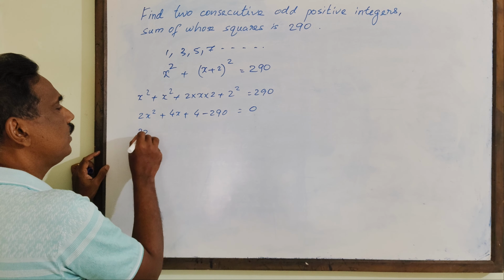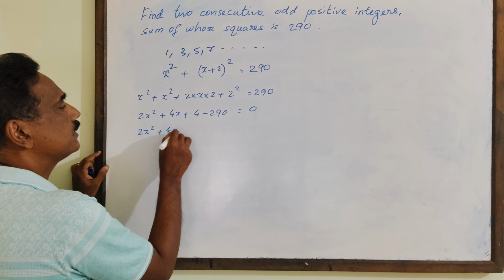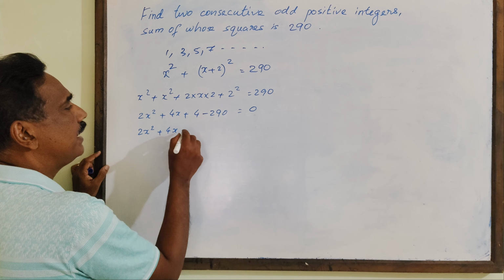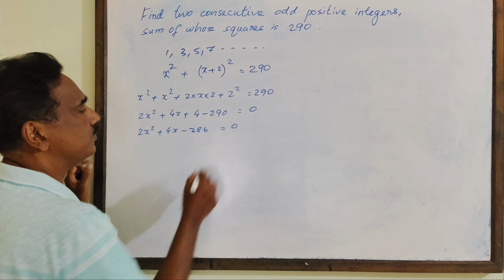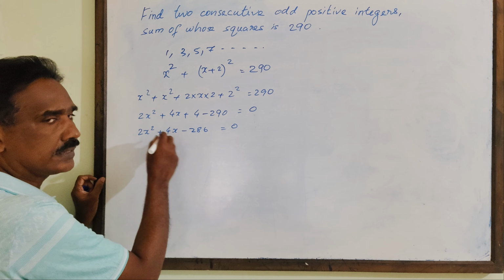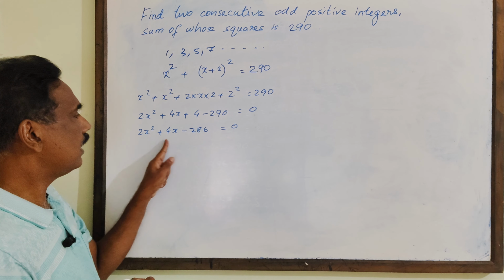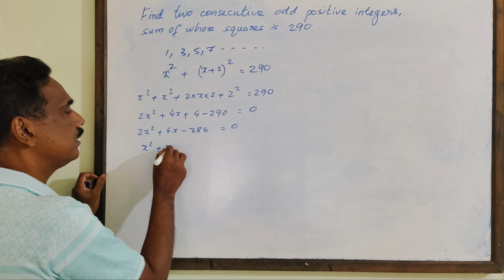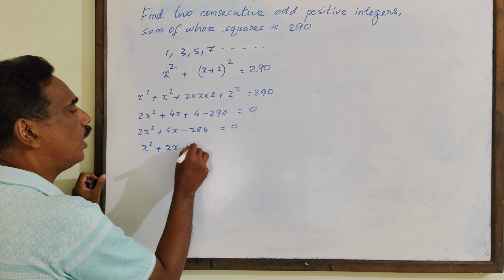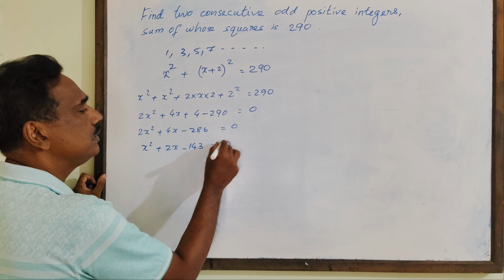Now it is 2x square plus 4x. These two combine, you get minus 286 equal to 0. Now you can cancel 2 throughout because all are multiples of 2. So you are getting x square plus 2x minus 143 equal to 0.